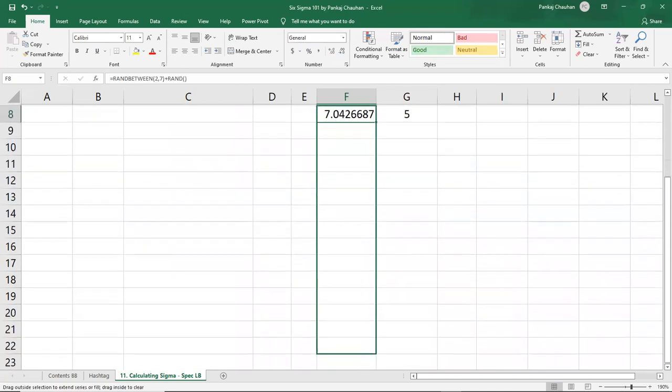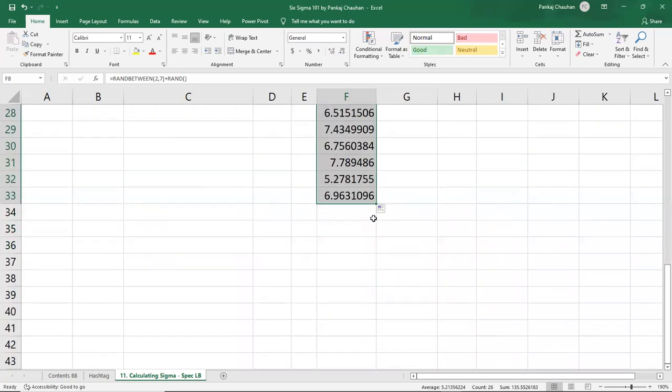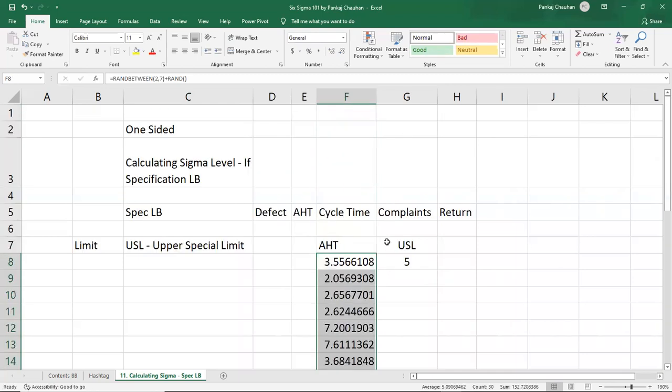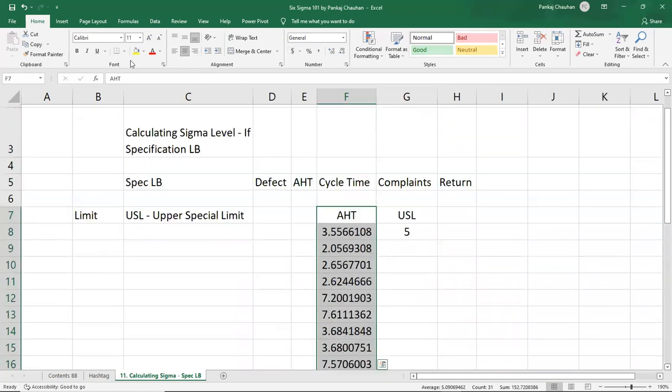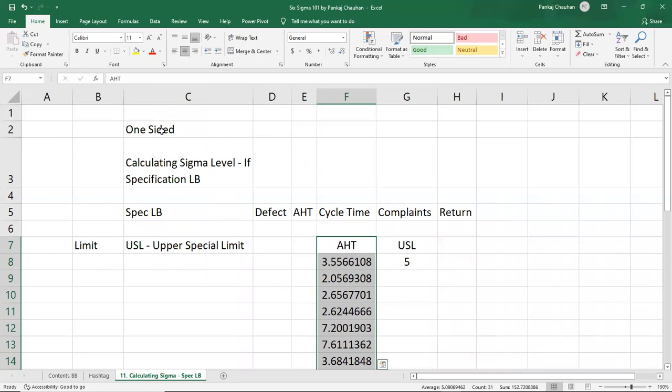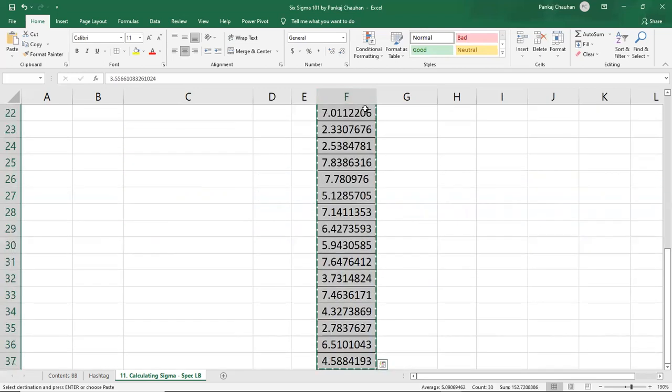Suppose you have collected the data for the last 30 samples. Good enough to understand, we have 30 sample data for the AHT. I wanted to find out, when my specification is lower is better and my upper specification limit is 5, what is my sigma level of the process as per this data?